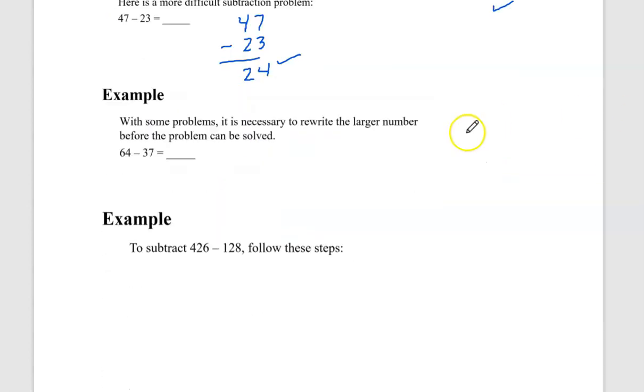With some problems, it's necessary to rewrite the larger number before the problem can be solved. So, let's do an estimate here. 64 is closer to 60, 37 is closer to 40, I'm going to get an estimate of 20. So we've got 64 minus 37. Well, there's a problem because you can't do 4 minus 7. So what you do is you borrow from this 6. When you borrow, we're going to make this be a 5.